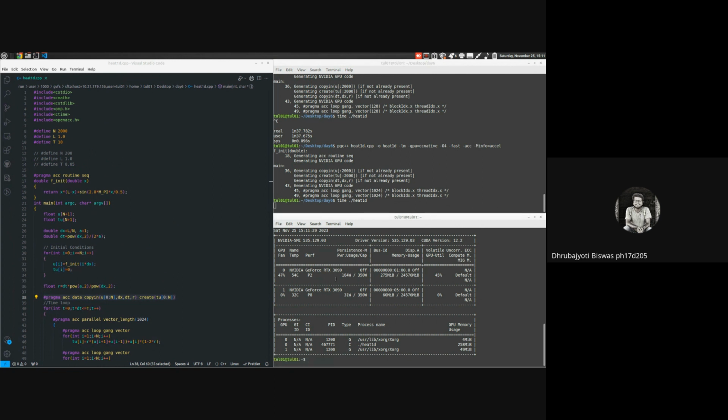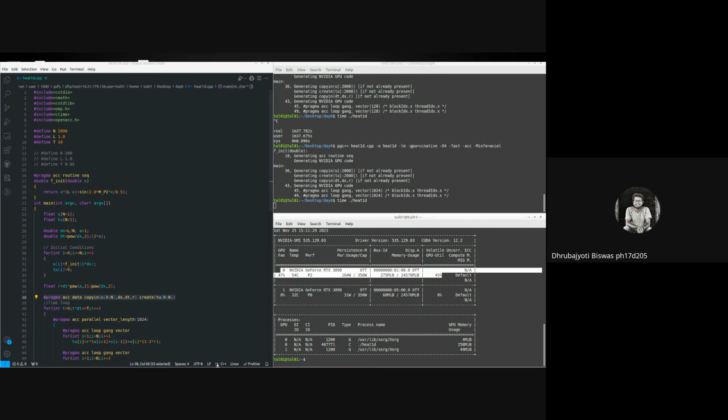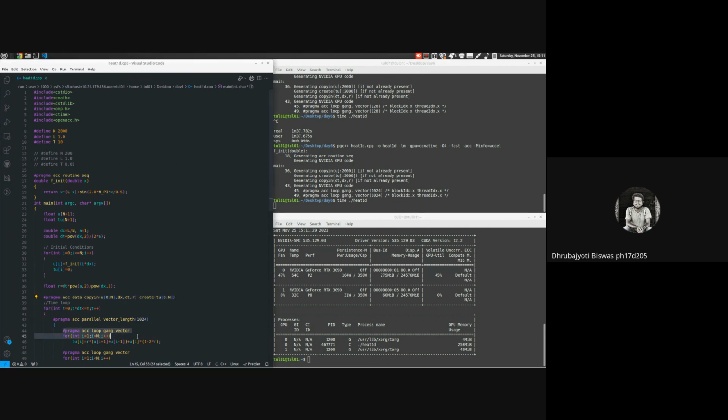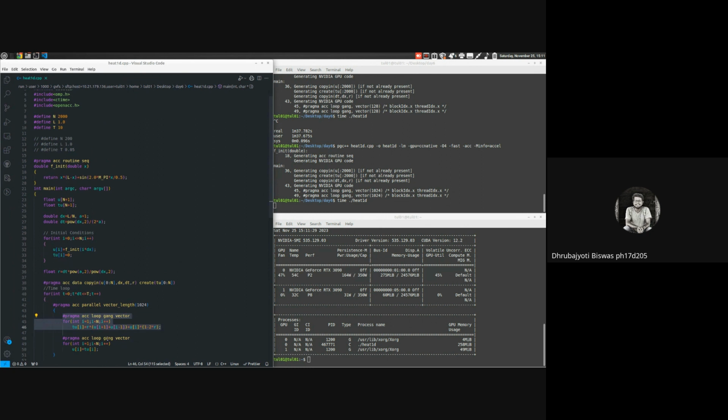See, this is executing on the GPU, I can see that, but I think there is some issue regarding this loop, because this is actually not that compute intensive a loop. It is just doing a vector operation. So I'll have to see whether this is the reason why it is slow.